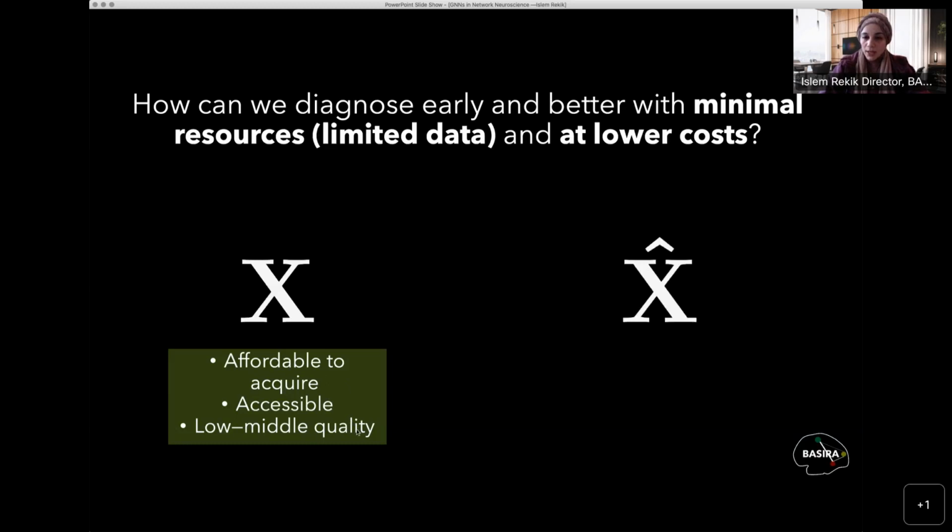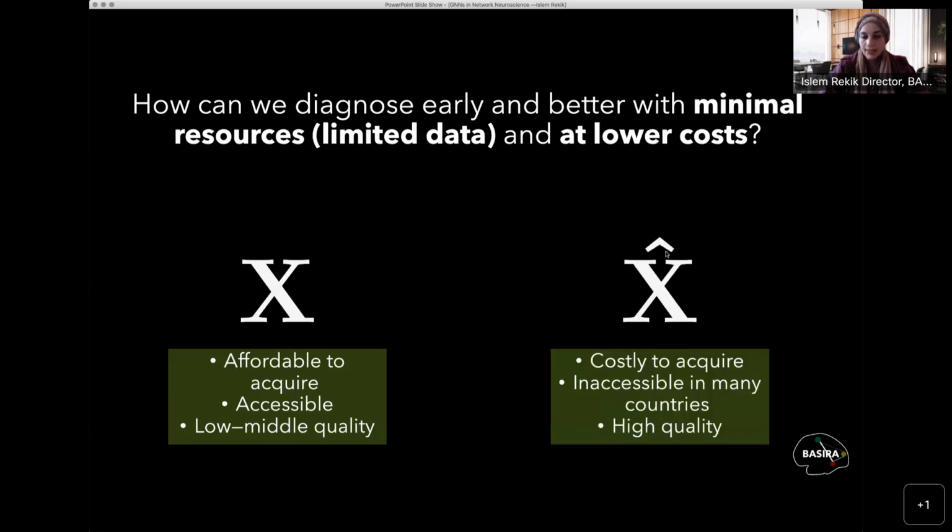And then the goal is to predict this X hat, or to generate this X hat. That is the data that is costly to acquire, inaccessible in many countries, and of high quality. So basically what we want to do, we want to use AI or machine learning, deep learning models that we will design and innovate in order to map this low quality data to the data that we want to have.